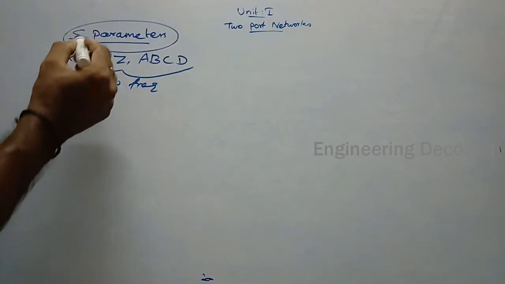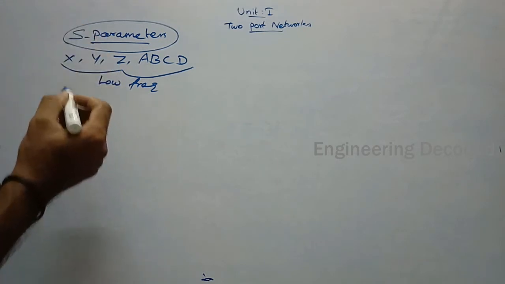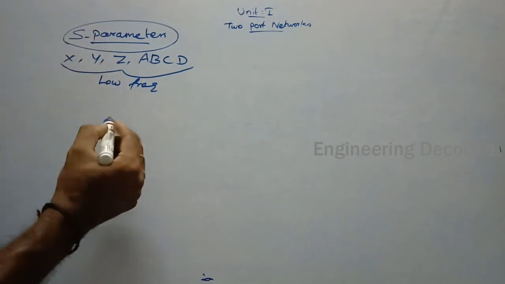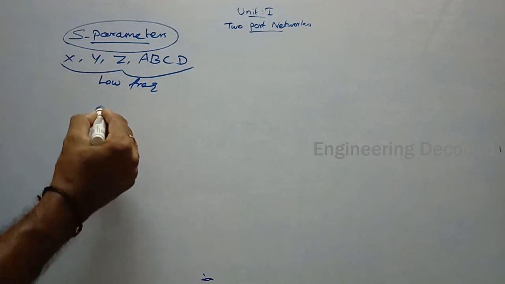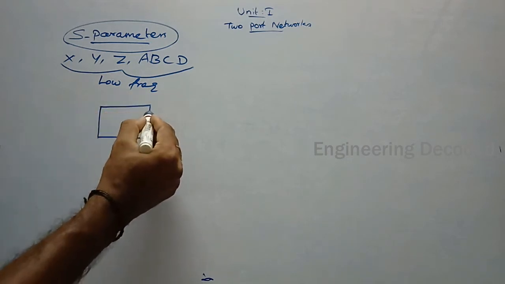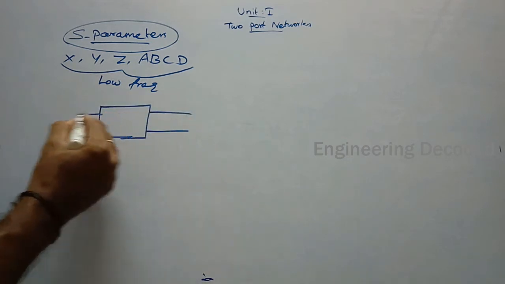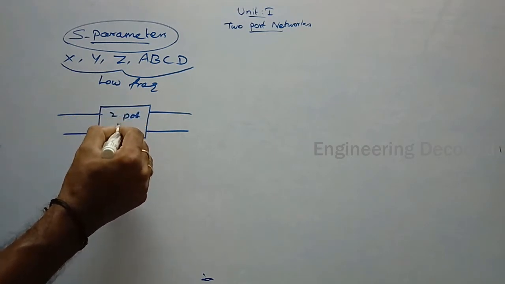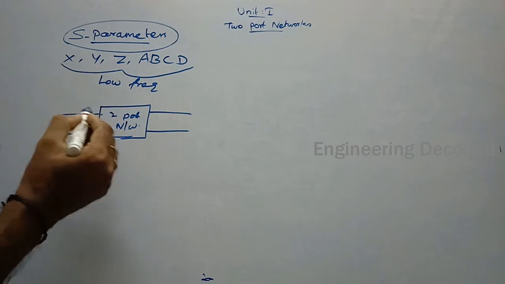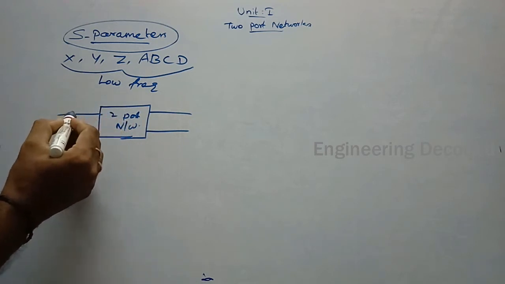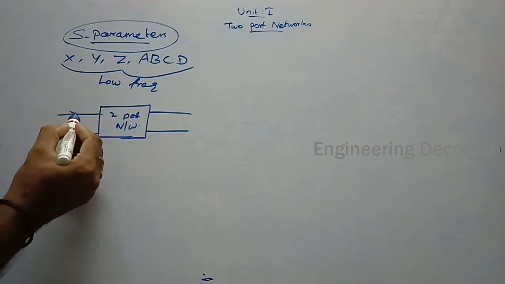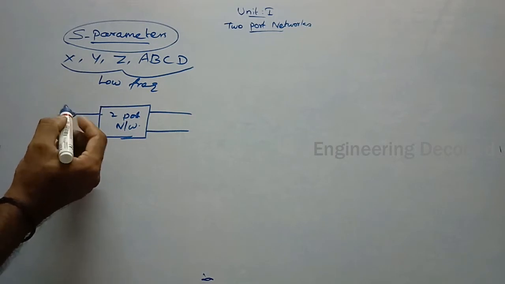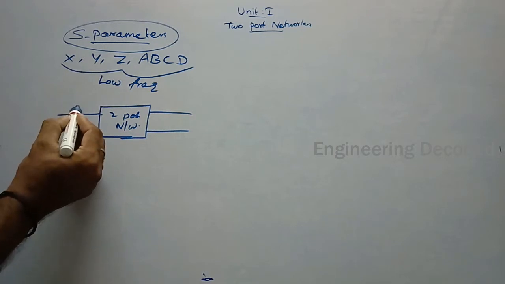So in today's class we will see about the S parameters. So let's take a two-port network. We will be sending an incident voltage.